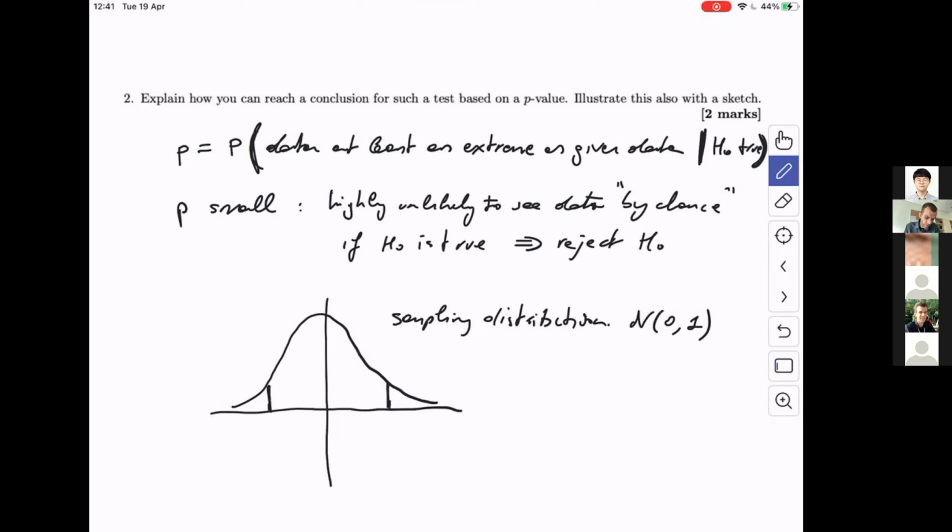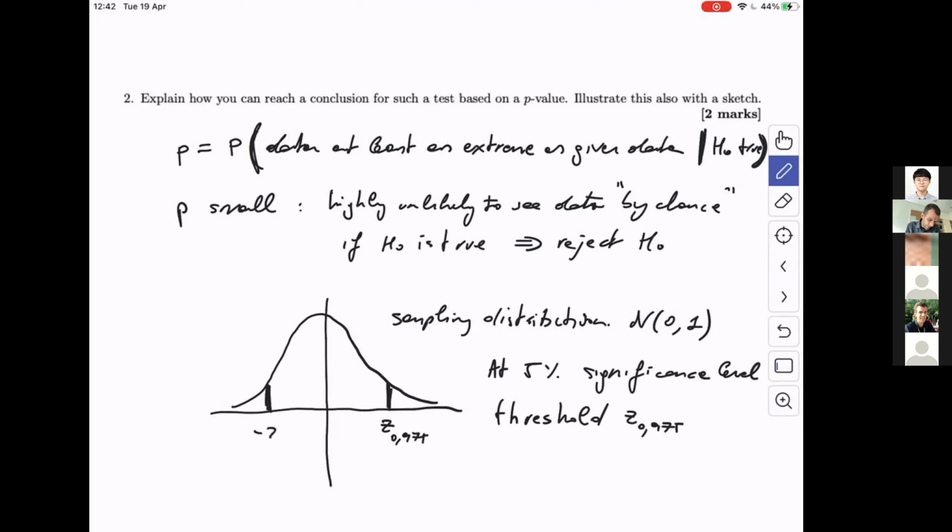Let's say at the 5% significance level, then we have the thresholds z 0.975 and minus z 0.975.